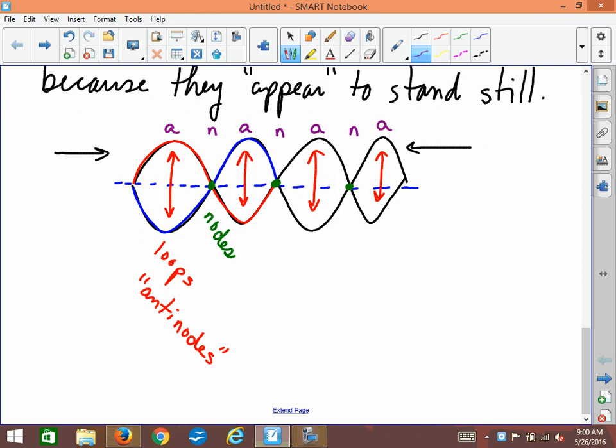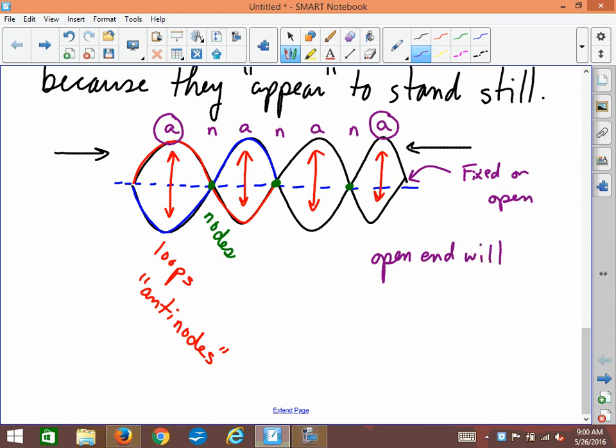The trick is that the starting position and the ending position can be different depending on whether or not the end of your string is fixed or open. If you have an end that's open, an open end will always be free to vibrate.